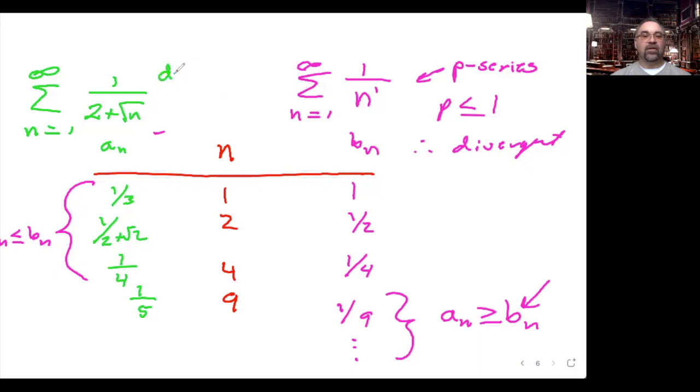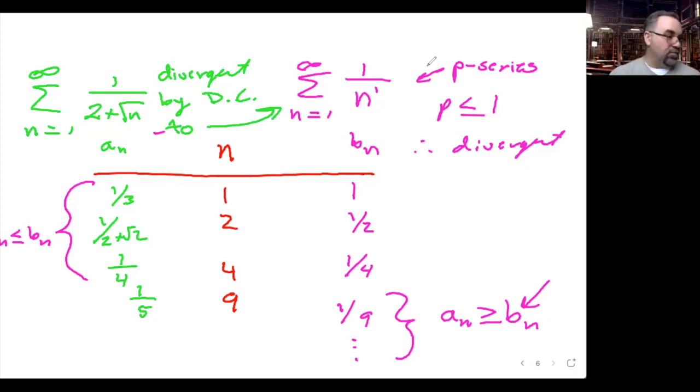is divergent by direct comparison to this series over here. So even though for the first 4 terms the inequality that we want wasn't upheld, it doesn't actually matter.